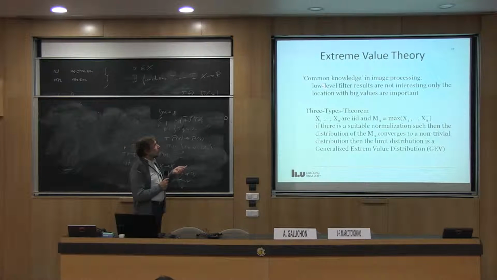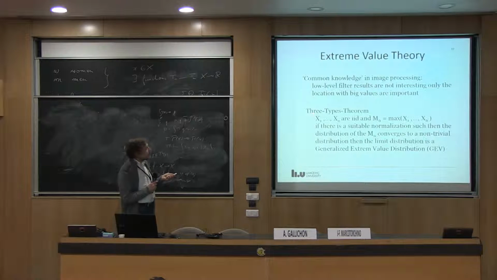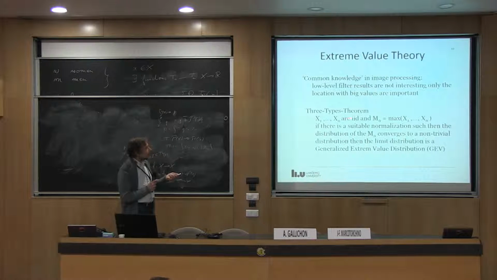In extreme value theory, you have one theorem that tells you that if you have a sequence of such stochastic variables and you take the maximum of these, then if you can normalize this new sequence somehow, so that these new variables converge to a non-trivial distribution, then this non-trivial distribution must be one of these extreme value distributions.